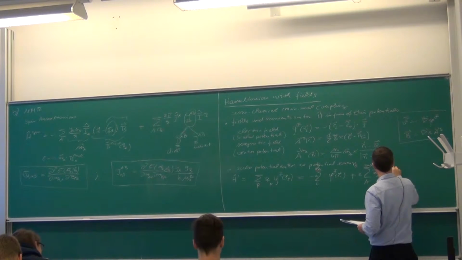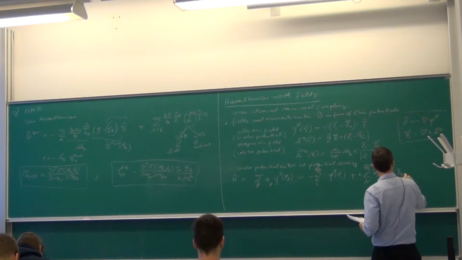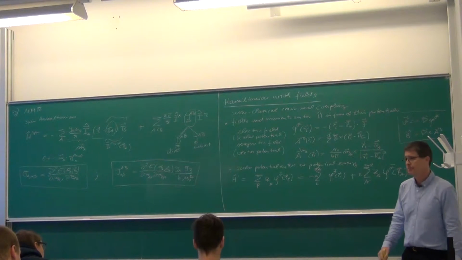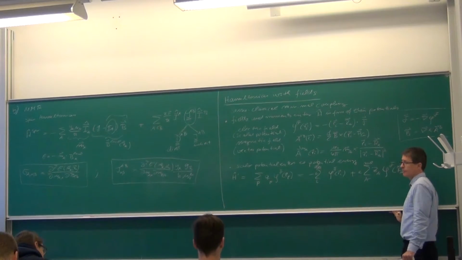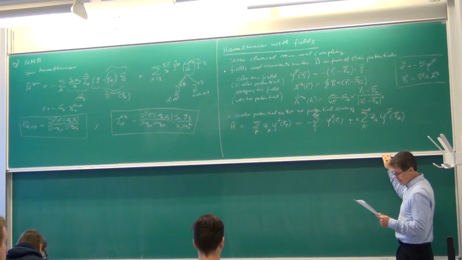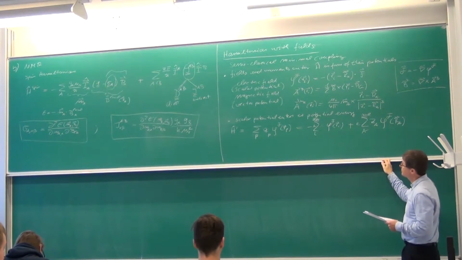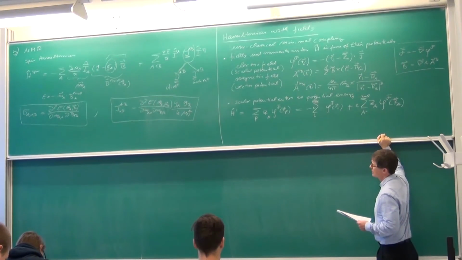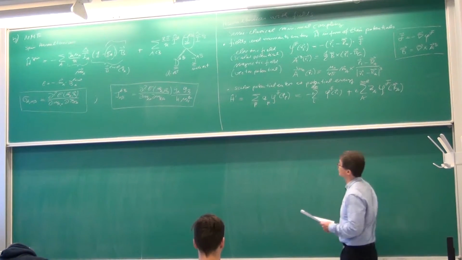And then again my potential, the value of the potential at the position of nucleus A. That's the easy part. The more unusual part is where that vector potential enters.